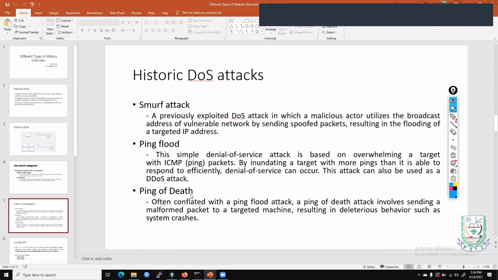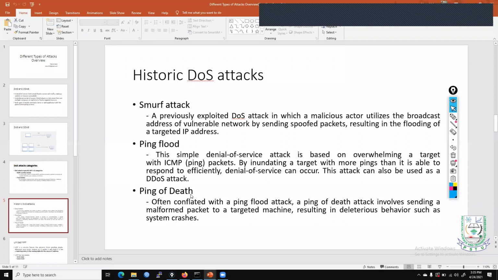Ping flood is a denial of service attack in which the attacker attempts to overwhelm a targeted device with ICMP echo request packets.